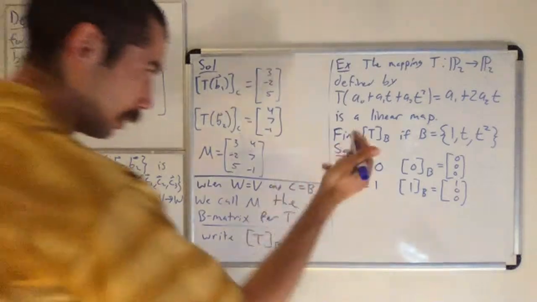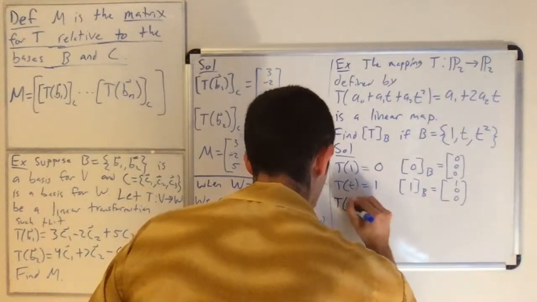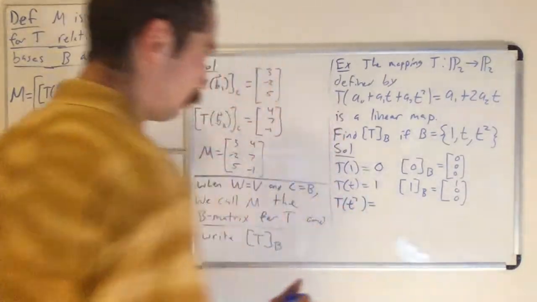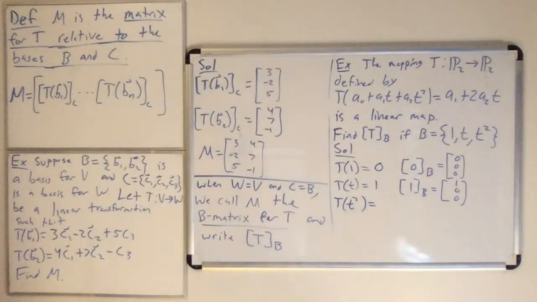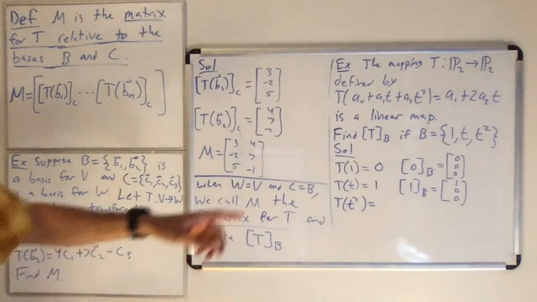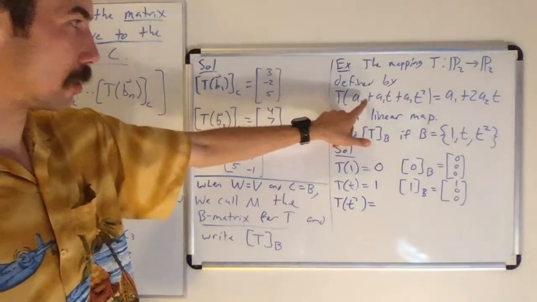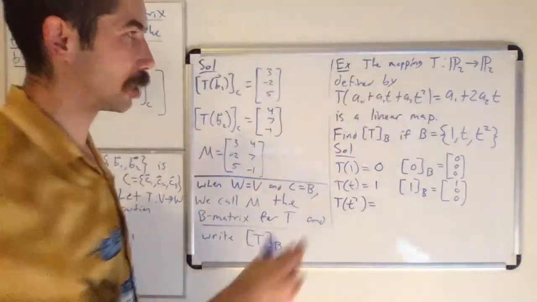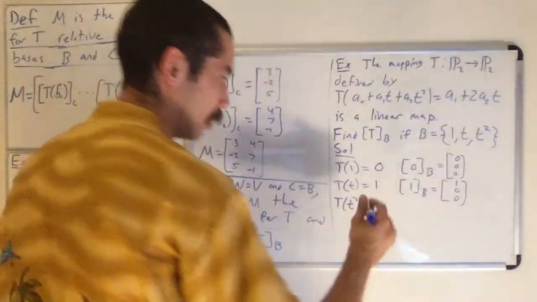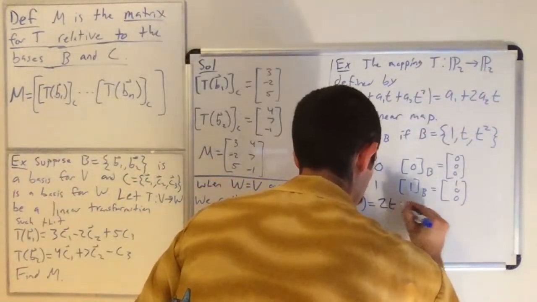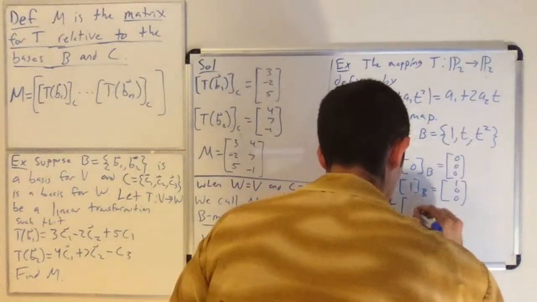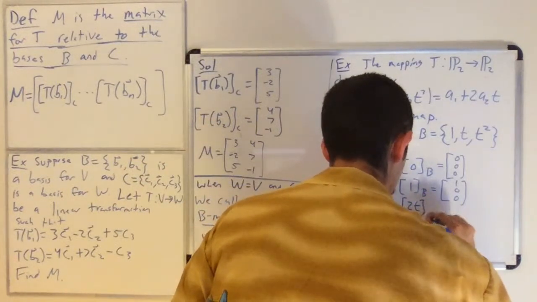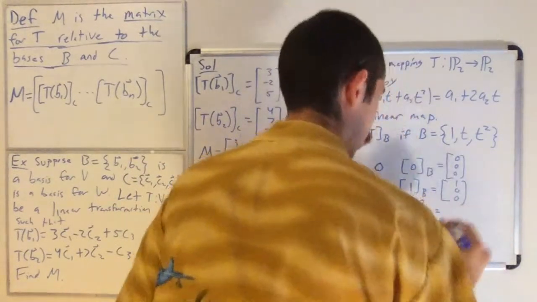And then last we look at t squared. Our map says we're sending 0 plus 0t plus 1t squared to 0 plus 2t. And the B coordinates of 2t.